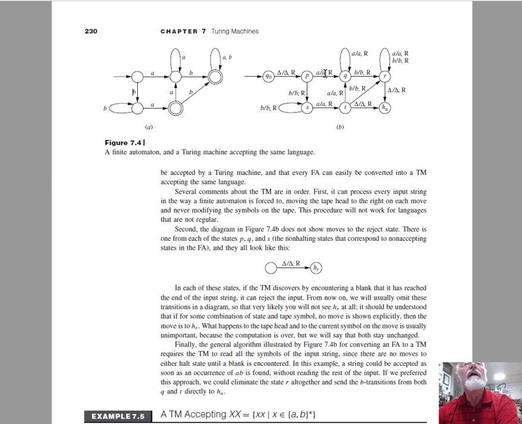I read an A and I write an A and I move right. Notice every one of these things: whatever I read, I write back, and then I move right. And when I am in either of these two states, once I move right, I immediately read a delta, write a delta, move right into the accept state.